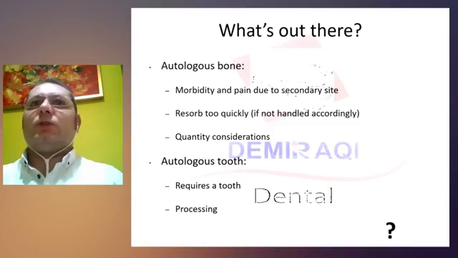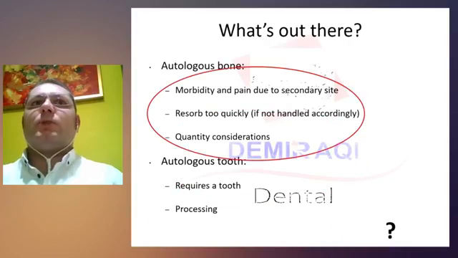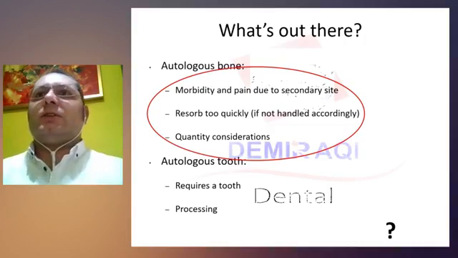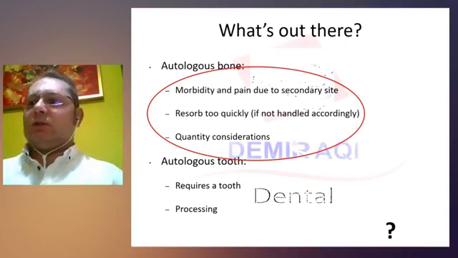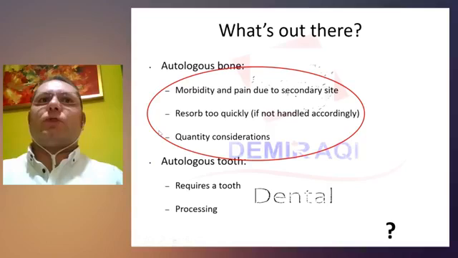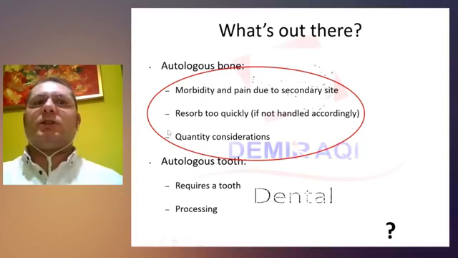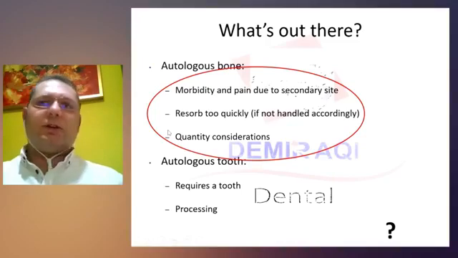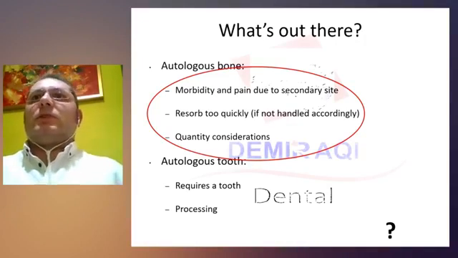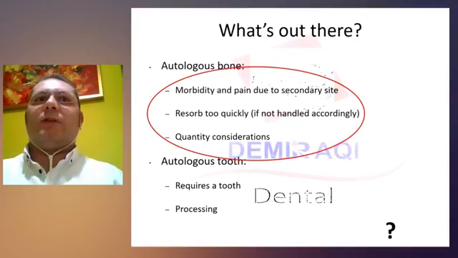But most of the time I use autologous bone and a tooth when I can. But autologous bone, as we know, needs a secondary site to obtain it. And if we don't handle it correctly, it can resorb very quickly. And of course, there are quantity considerations, because we can't get the amounts that we would like to have.